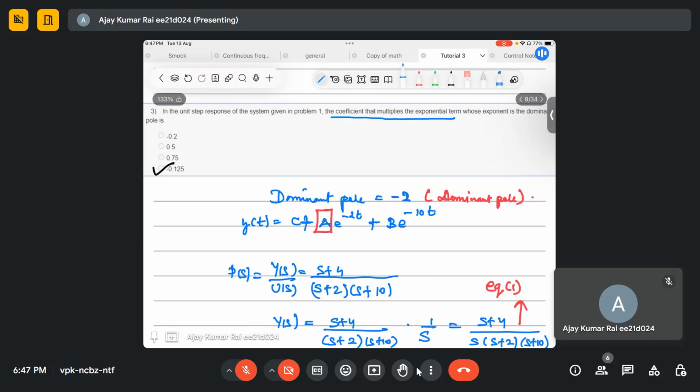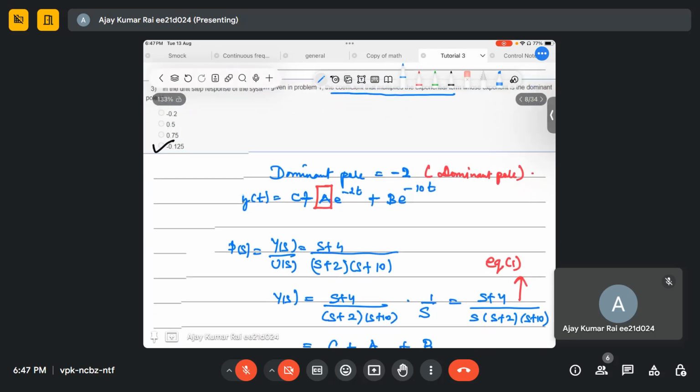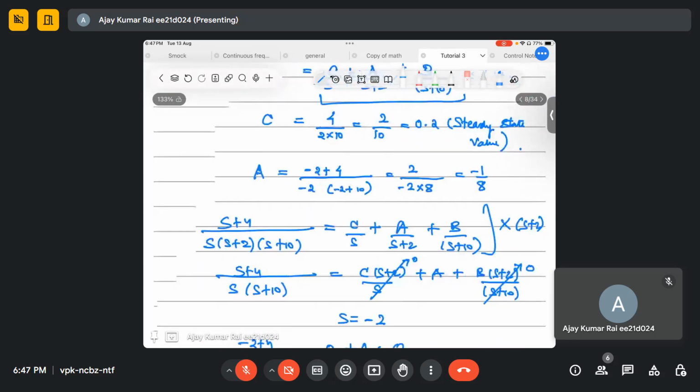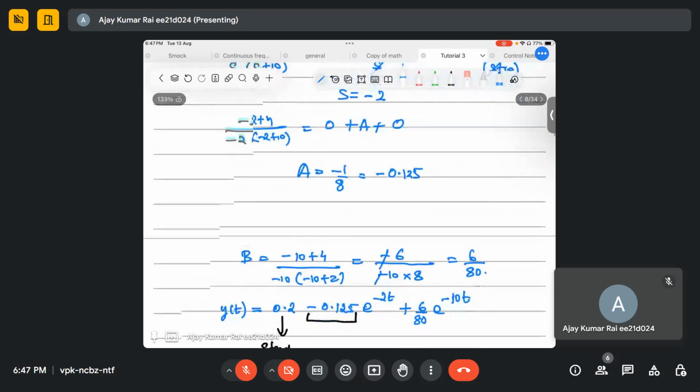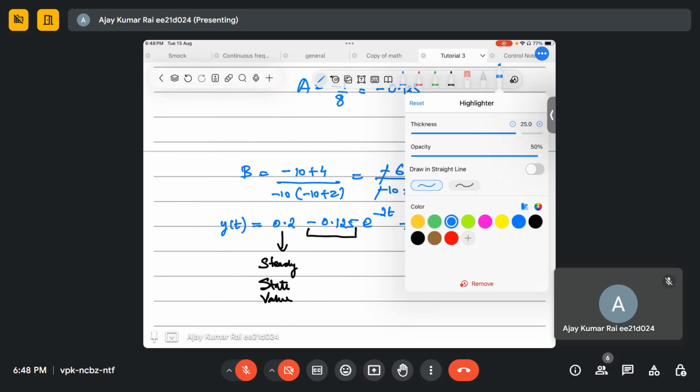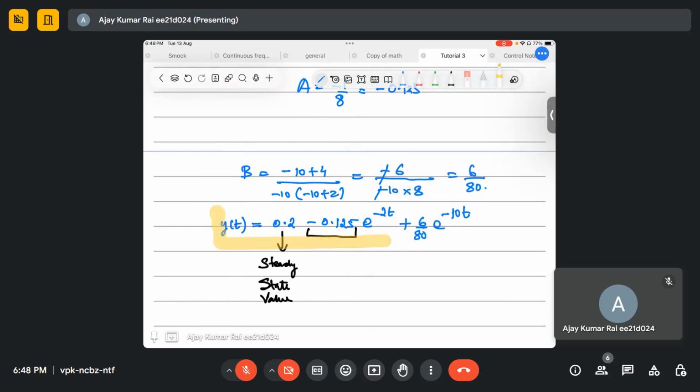So any doubt you have in this question? Again, very simple question. You have to find out y of t, and they are asking you the coefficient for e to the power minus 2t. Simple.